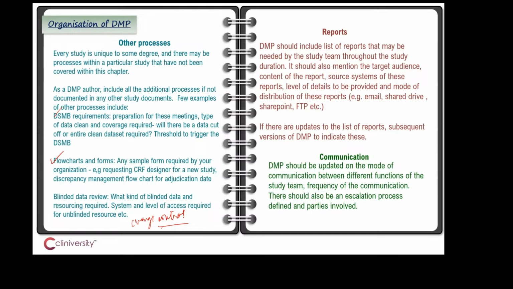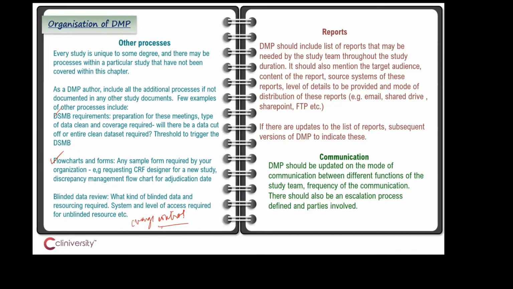What is the process of having a change order in place? There is a change in the scope of the work, or there is some additional work that needs to be performed. So the DMP will evaluate how change control processes may be encountered during the course of the study, and then how to work upon them.